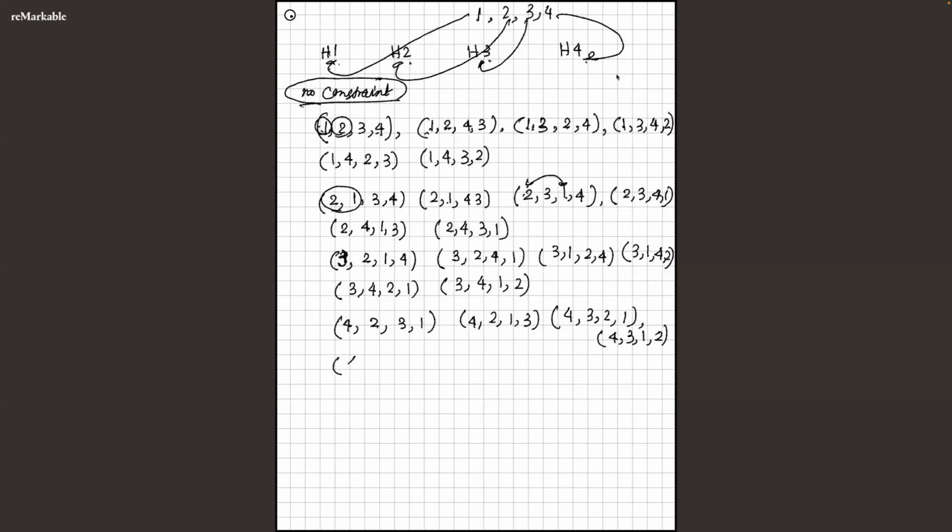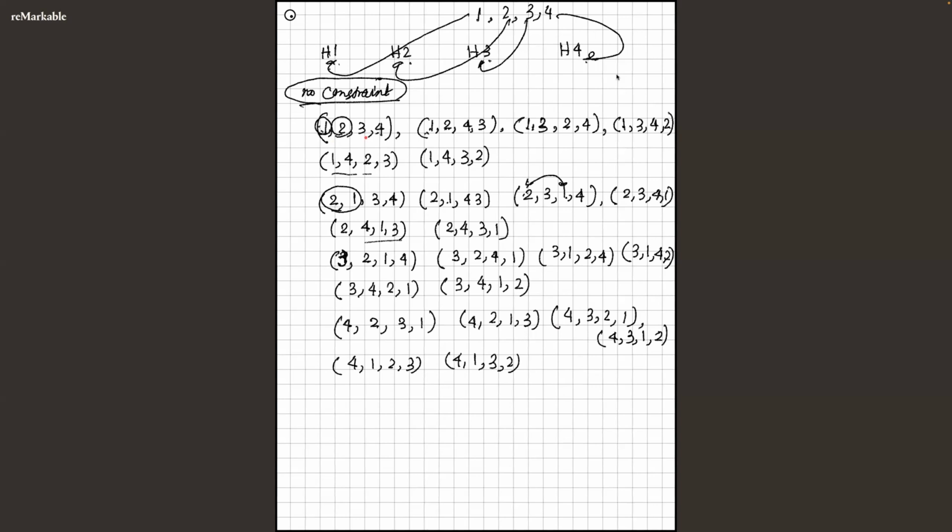And then we have 4, 1, 2, 3, and 4, 1, 3, 2. Anything I've missed? Absolutely not. You see that there are 6 here, 6 here, 6 here, and 6 here, right? These 24 cases are the ways you can arrange among themselves, meaning all the letters can be sent to the houses in this order.